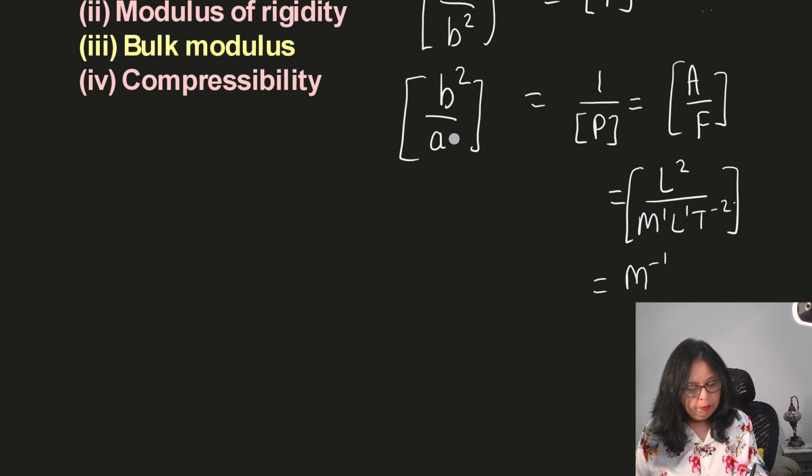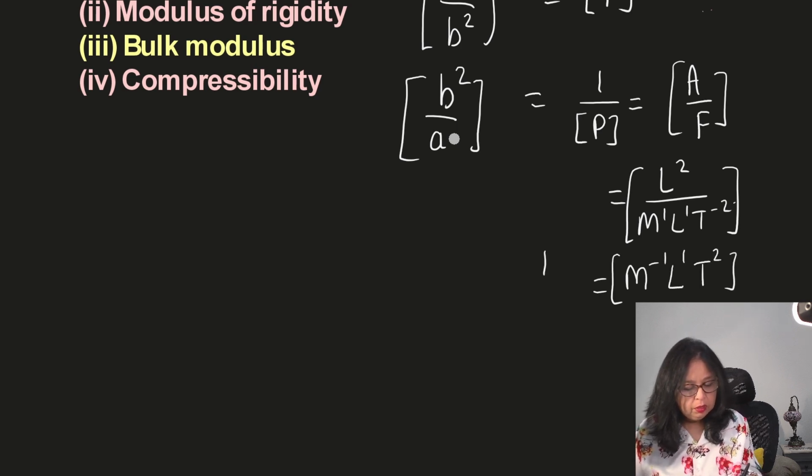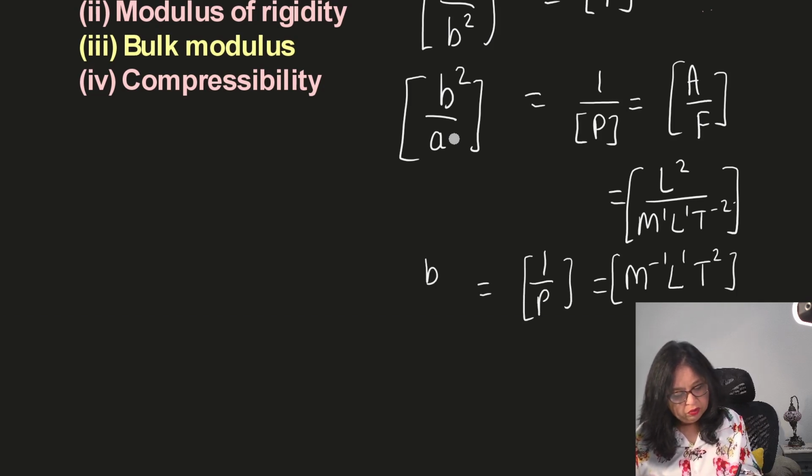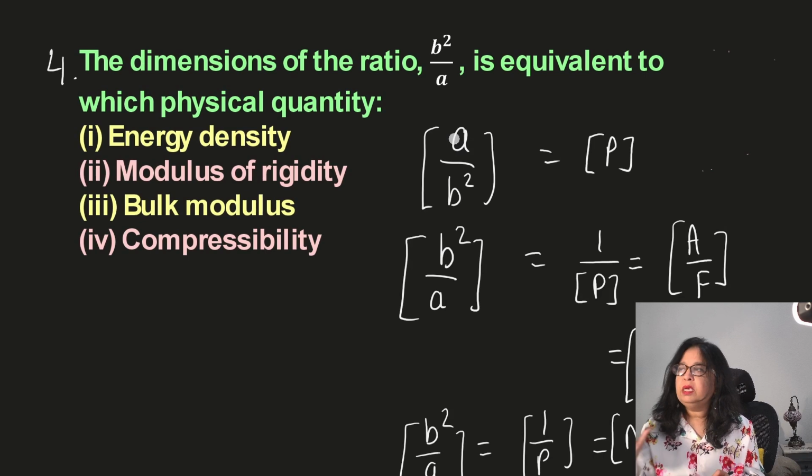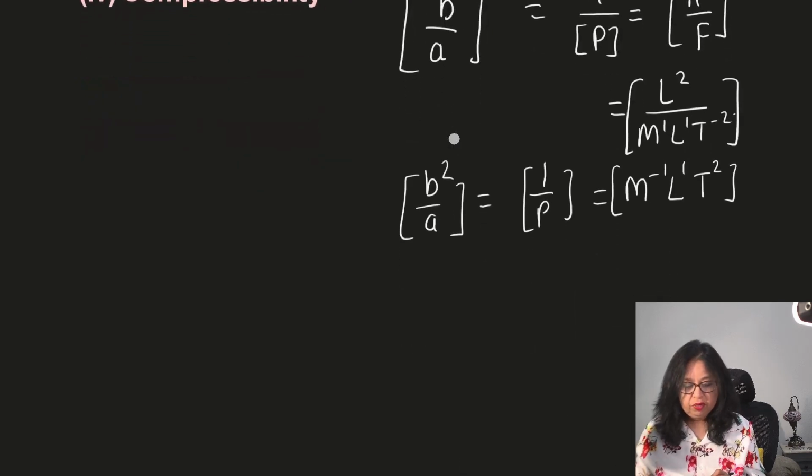M minus 1, L1, T2. These are the dimensions of 1 over P, also of B squared over A. All right, so now we need to figure out of these 4 options, which one or which ones are the correct answers. So first one is energy density.